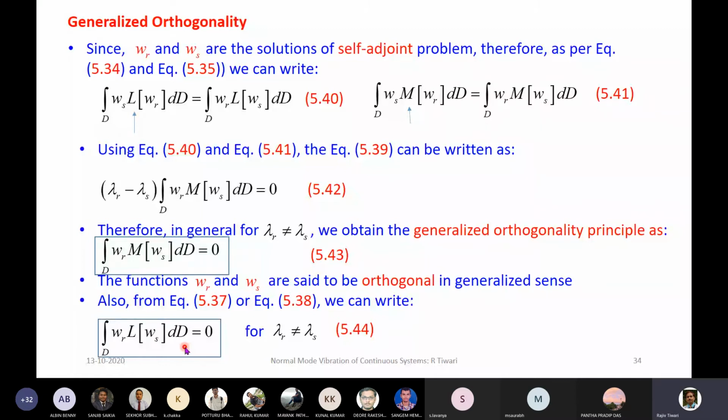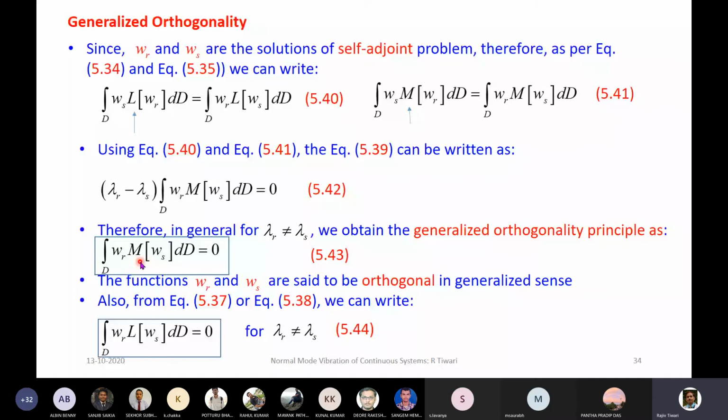If you remember in the previous discrete system, when we had the mass matrix or the stiffness matrix, if we had two different eigenvalues and eigenvectors, then they were zero. Either in the stiffness matrix or in the mass matrix, it was the same.